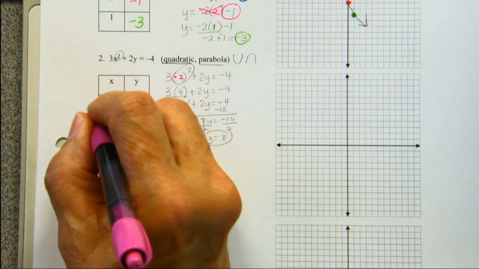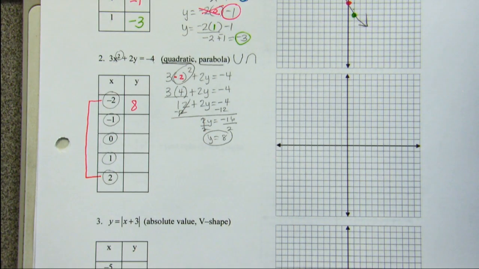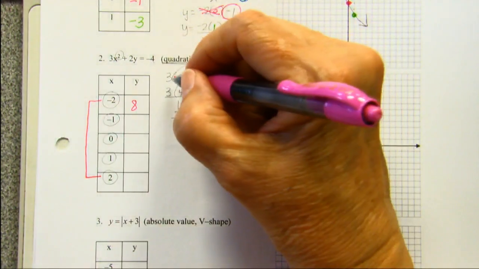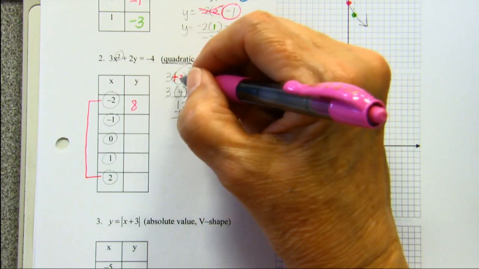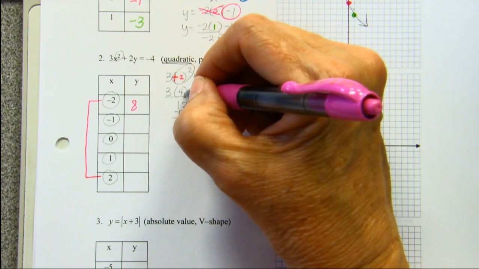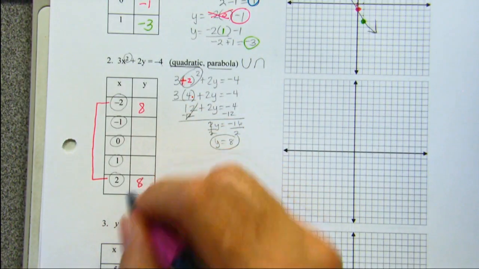Now I'm going to compare that negative 2 with the positive 2. Had I had a positive 2 in the parentheses, well, positive 2 squared is still 4, and by golly, you're going to get the same answer.